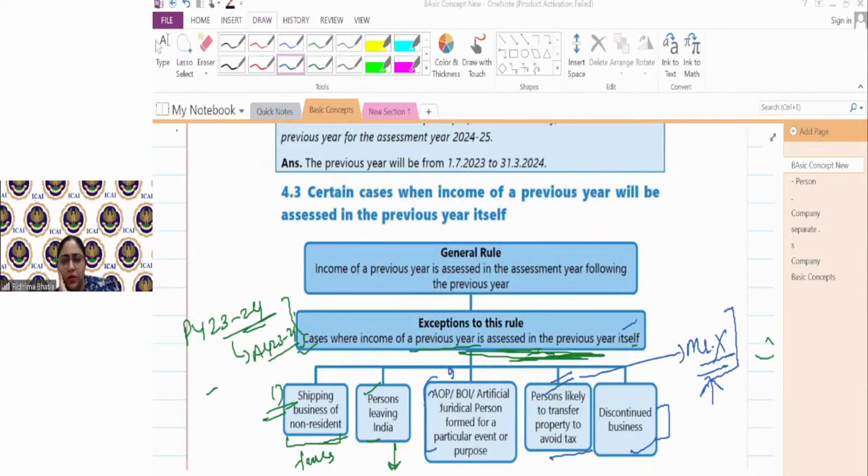It is pretty clear. NOC, no objection certificate from the department that we do not mind that the person is now leaving. He has paid all the taxes or he has made arrangement to pay all the taxes. Girija, this chapter you can download from the BOS knowledge portal.